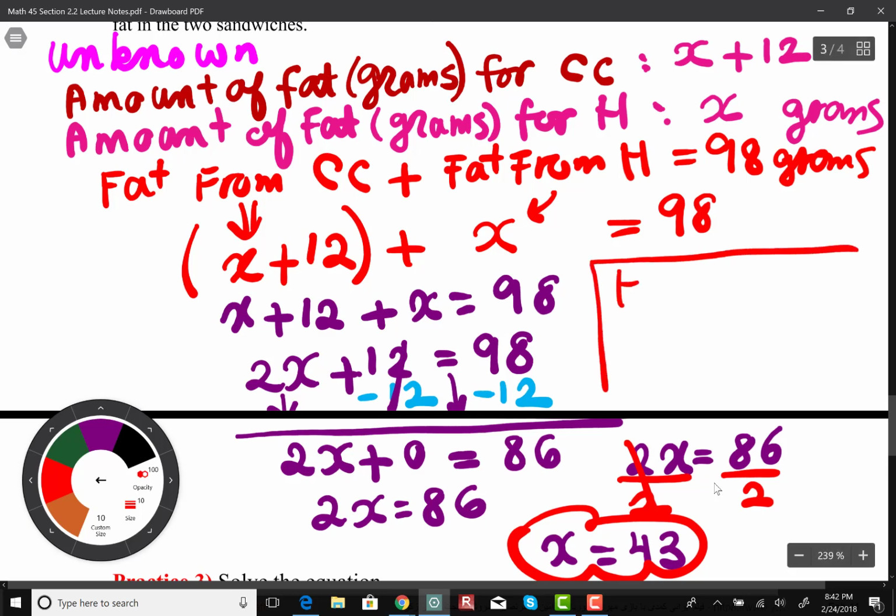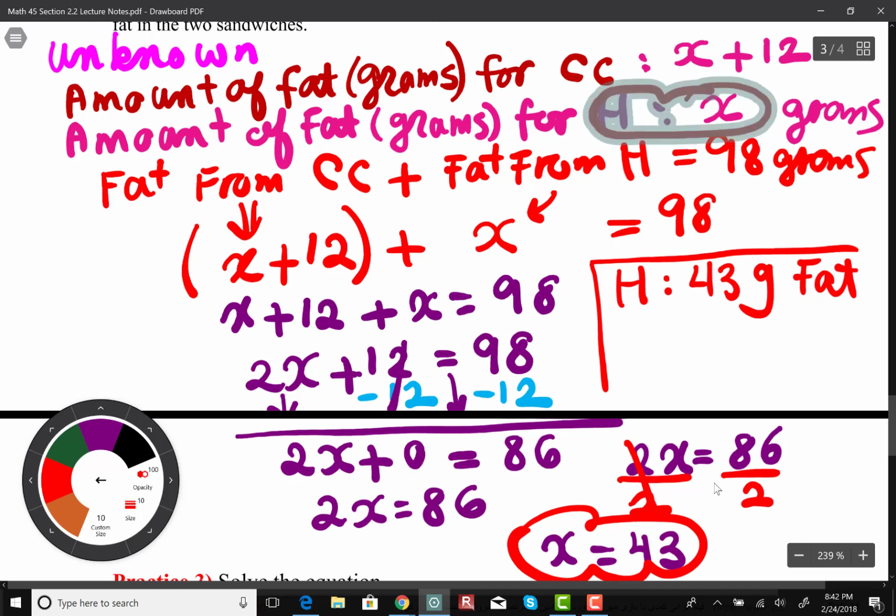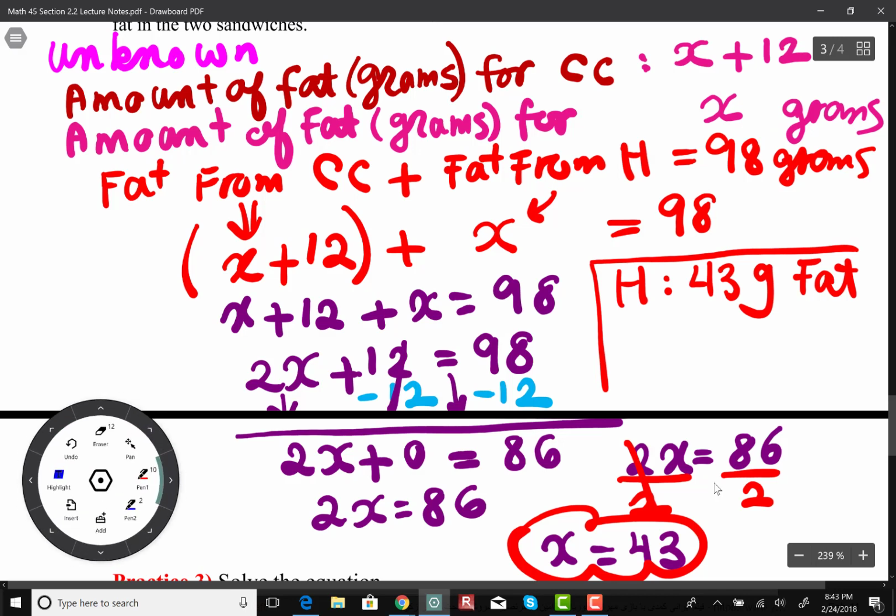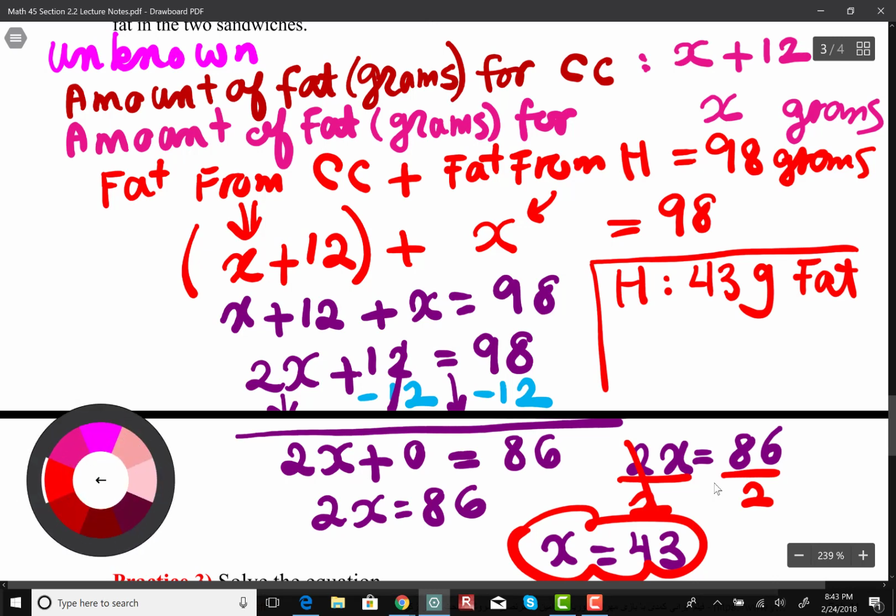So for happy hamburger, 43 gram fat, because remember this is for happy hamburger. I kind of messed it up. Okay, this is H. Okay, for H is 43.